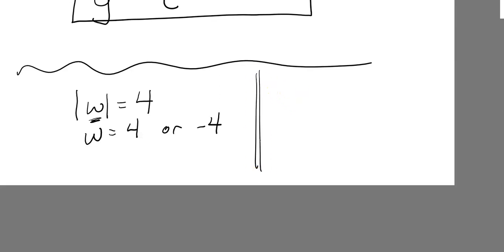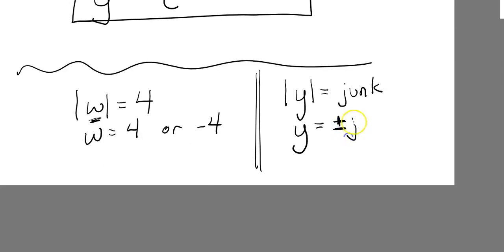You probably haven't done this a whole lot, but if I'm trying to get rid of absolute values, all I need to do is say that the other side might be positive or negative in order to give me that result.